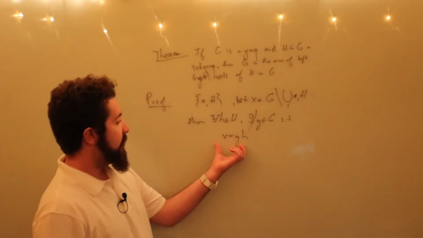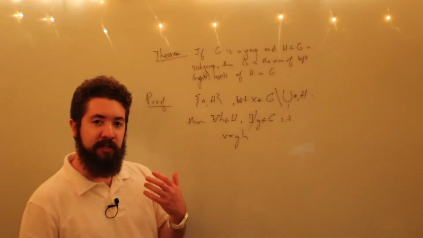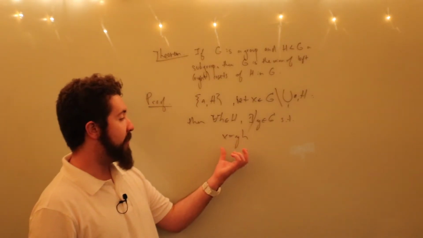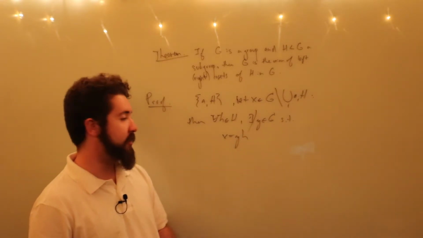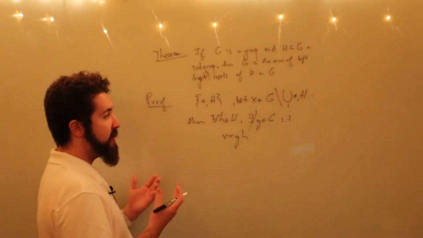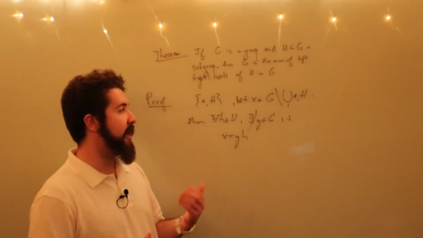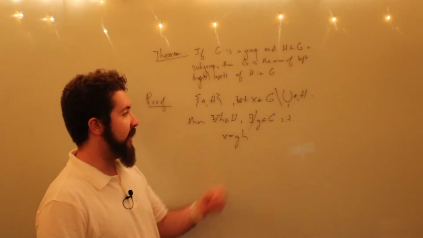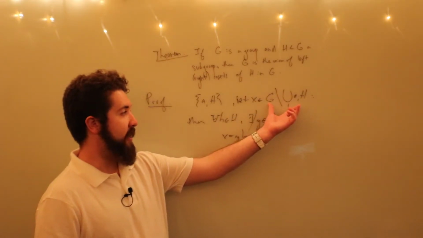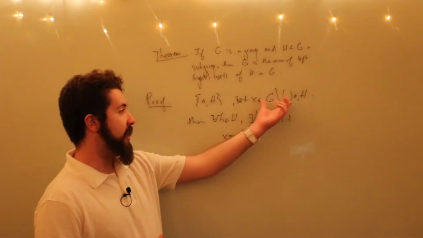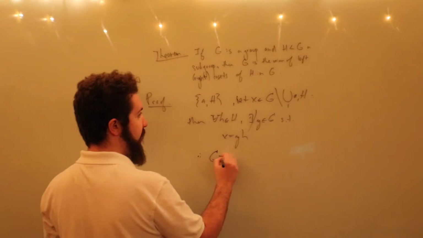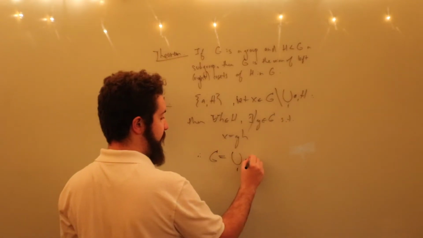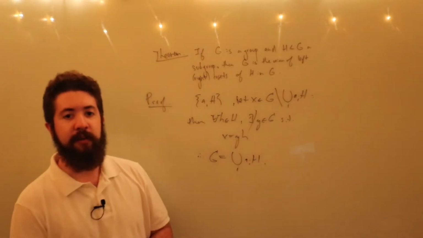But this contradicts our assumption that G is a group, because in a group, whenever we have two of these elements, the third one is uniquely determined. So there must not exist any such element x. So we conclude that this is an empty set, and G is equal to the union of its left cosets. And you can do the same thing with the right cosets.